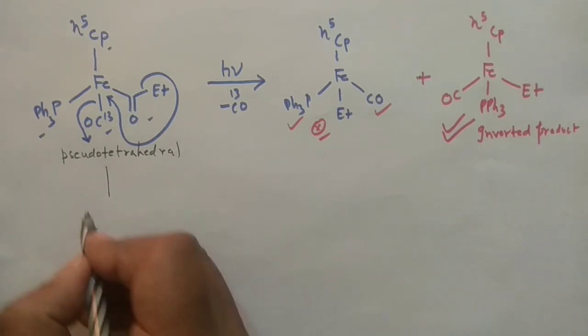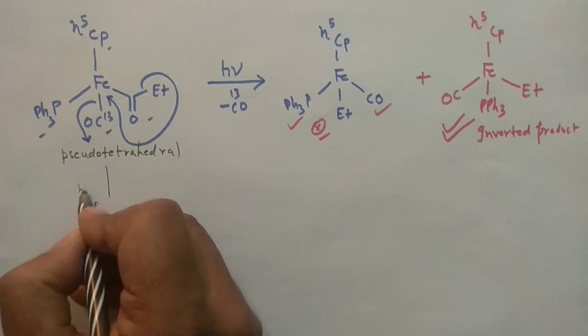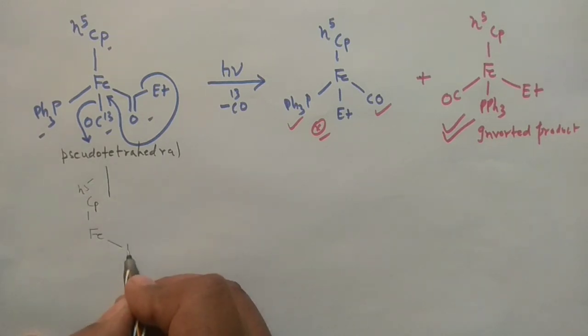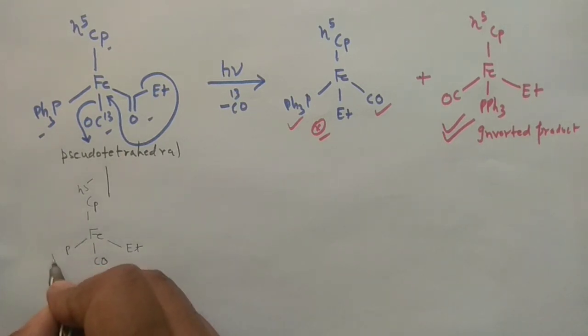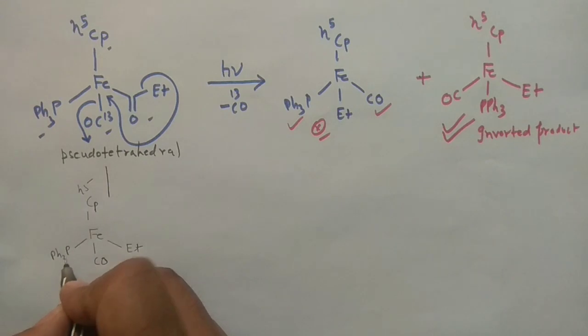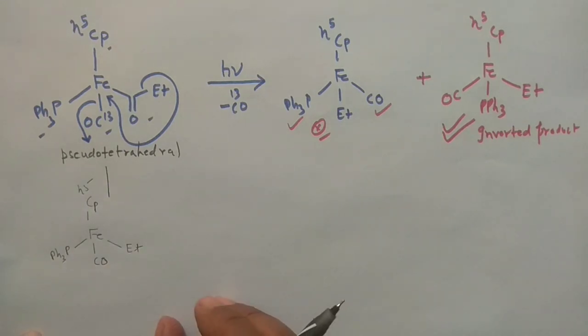Say Fe, Cp eta 5, this is my ethyl, this is my carbonyl, and this is PPh3. This is the product.